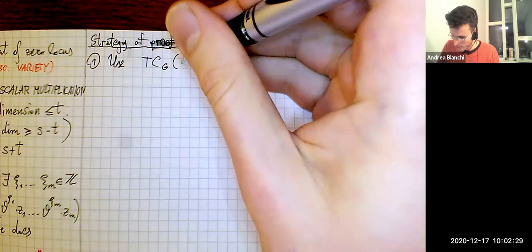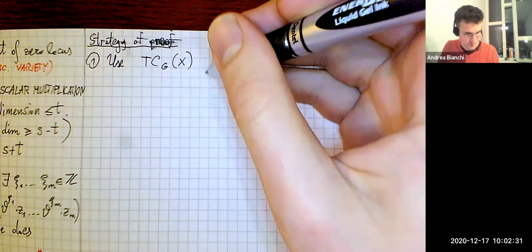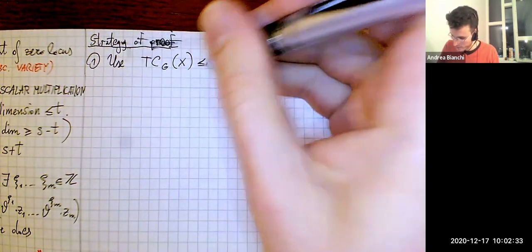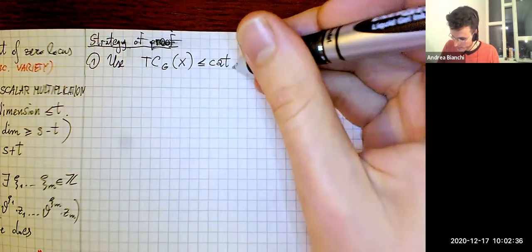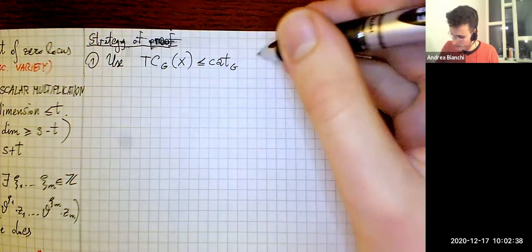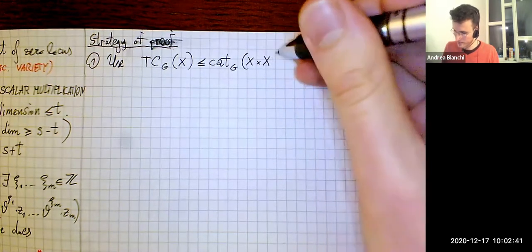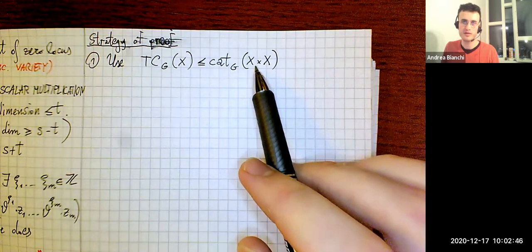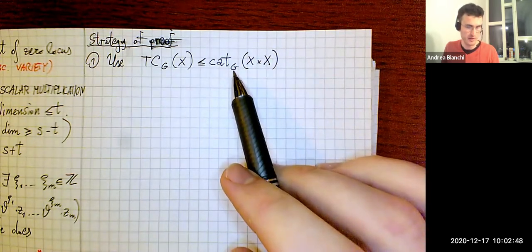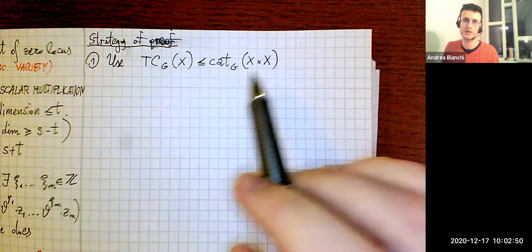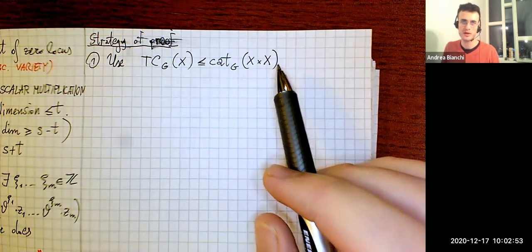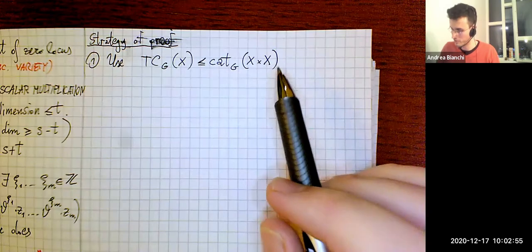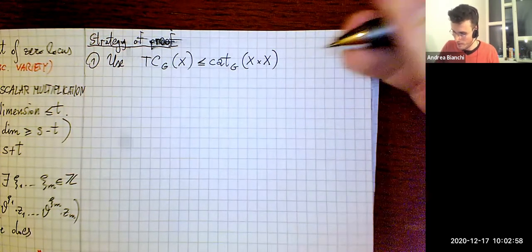So use that the equivariant topological complexity of a space X is bounded above by the equivariant Lusternik-Schnirelmann category of X times X. So here again there is a definition in the work of Colman and Grant. I use a slightly different definition, but which fits better to what I want to do next.